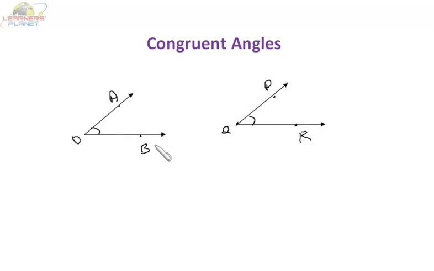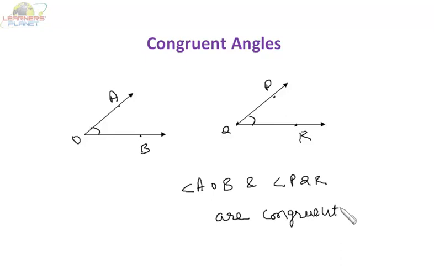So angle AOB and angle PQR are congruent. So when the measure of two angles is the same, then we call them congruent angles.